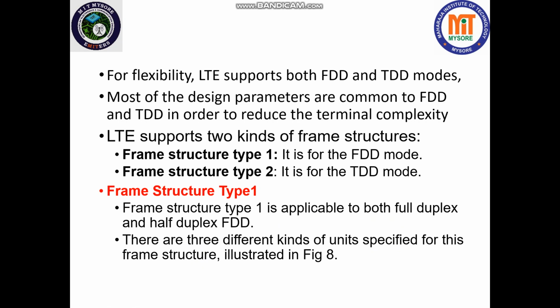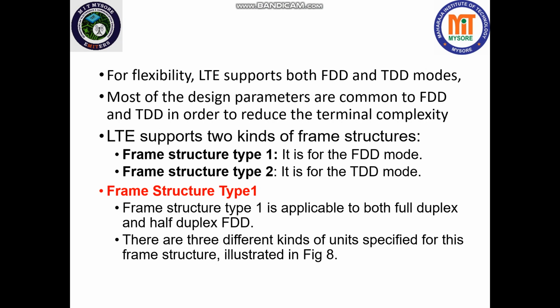For flexibility, LTE supports both FDD and TDD modes. FDD is frequency division duplexing, and TDD is time division duplexing. Most of the design parameters are common to FDD and TDD in order to reduce the terminal complexity. Why are they used?